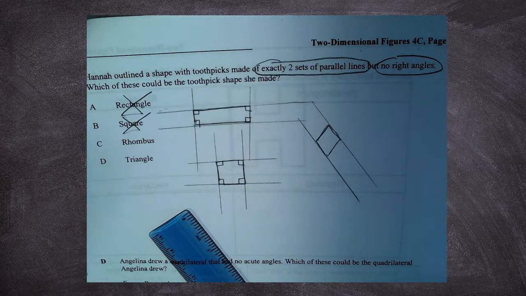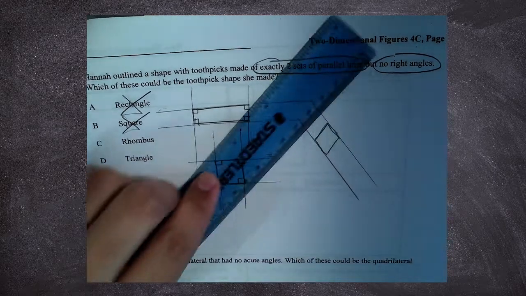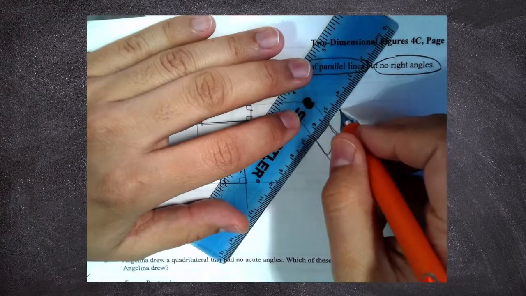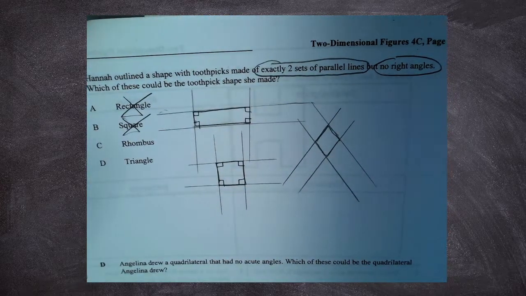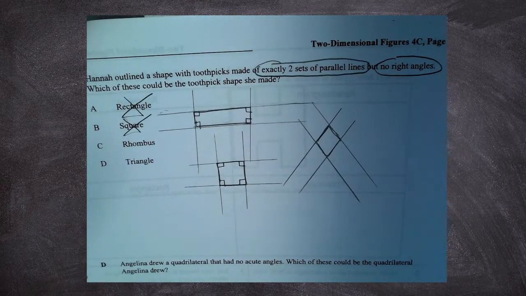One pair of parallel sides. Two pairs of parallel sides. Okay, it's got the parallel sides. But what about the right angles?